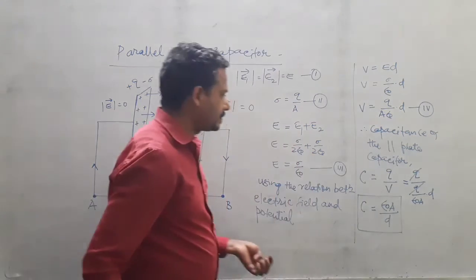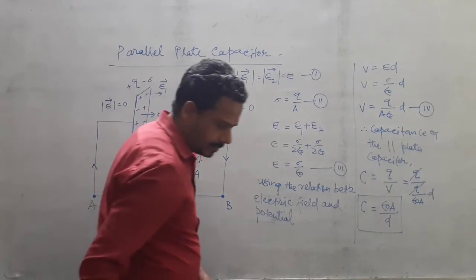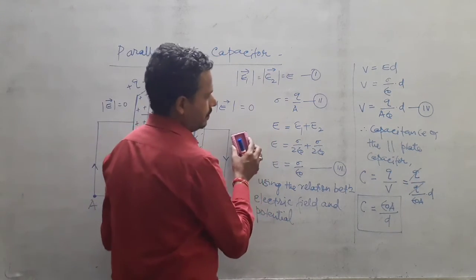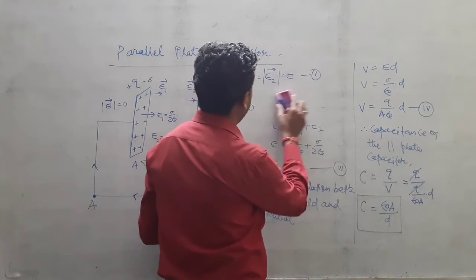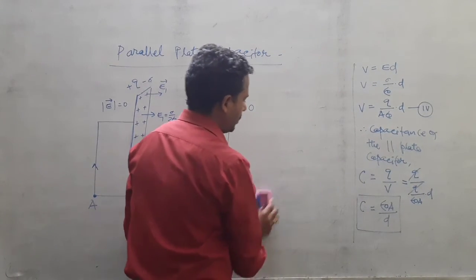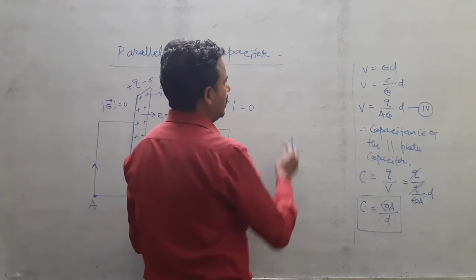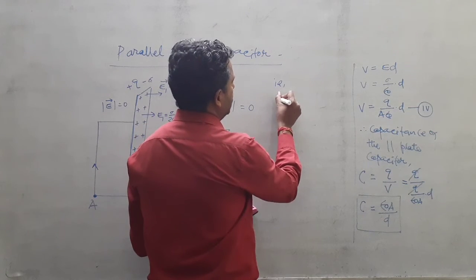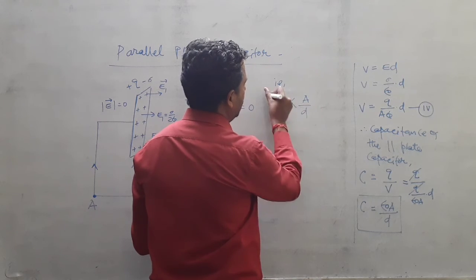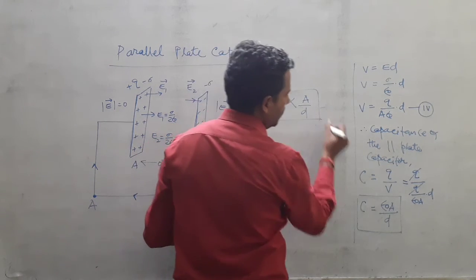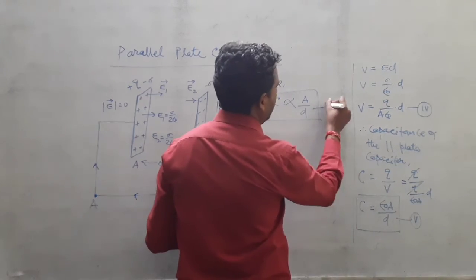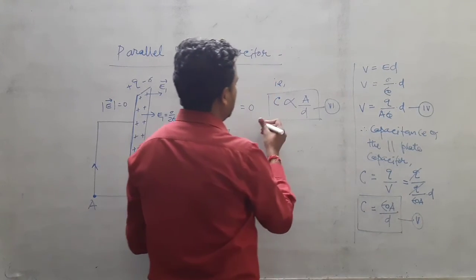That means, from here, C is proportional to A by D. This is equation 5 and this one is equation 6.